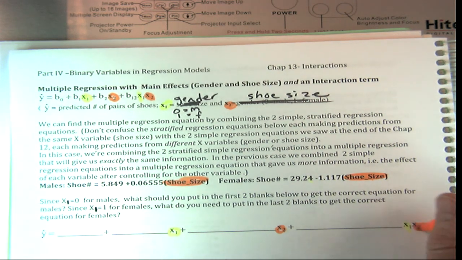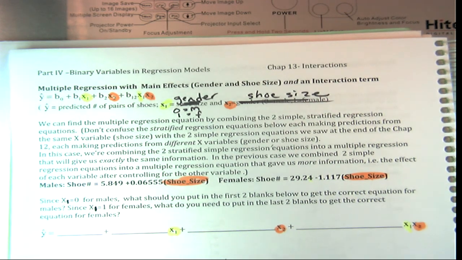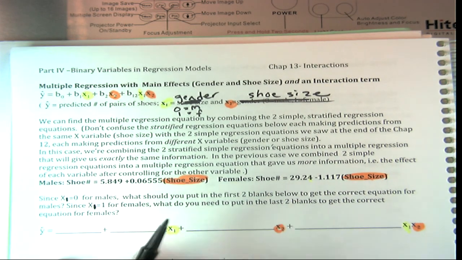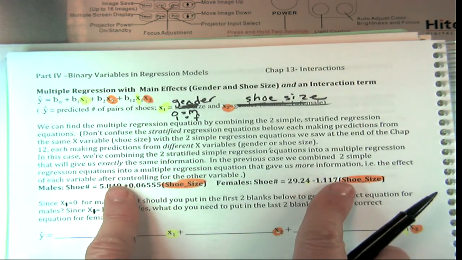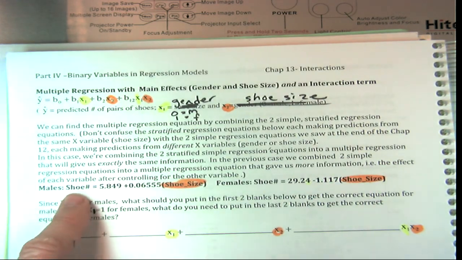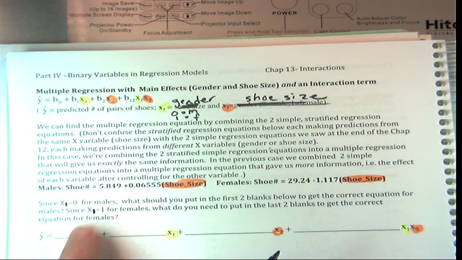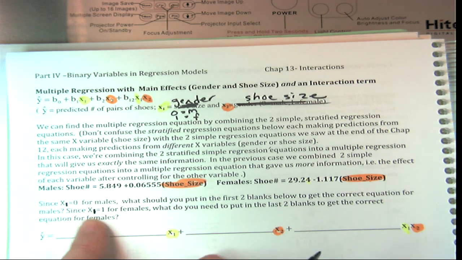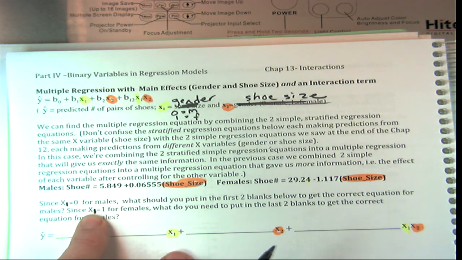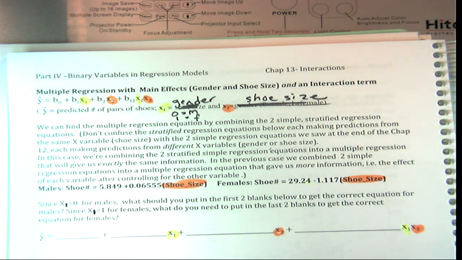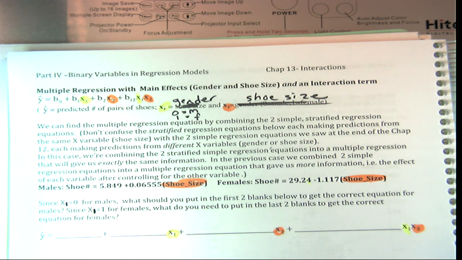All right, so how are we going to do this? Now, the best way to do this, I want to combine it into an equation that will give me, when X1 is 0, this one. When X1 is 1, it will give me this one. Okay, that's what I want to do.